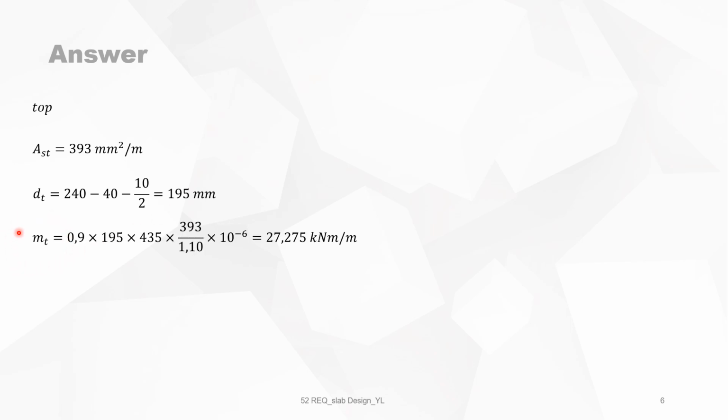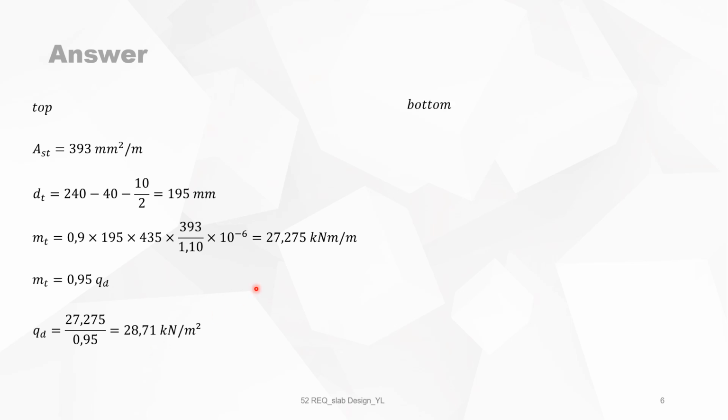The plastic bending moment that you can take up with this reinforcement is equal to 0.9 times the lever arm times the yield strength of the reinforcement multiplied by the reinforcement and divided by 1.1. It gives you 27.27 kilonewton meter per meter. But we also know from the previous slides that the top bending moment is equal to 0.95 times the load. So the load based on the top reinforcement is 28.71 kilonewton per square meter.